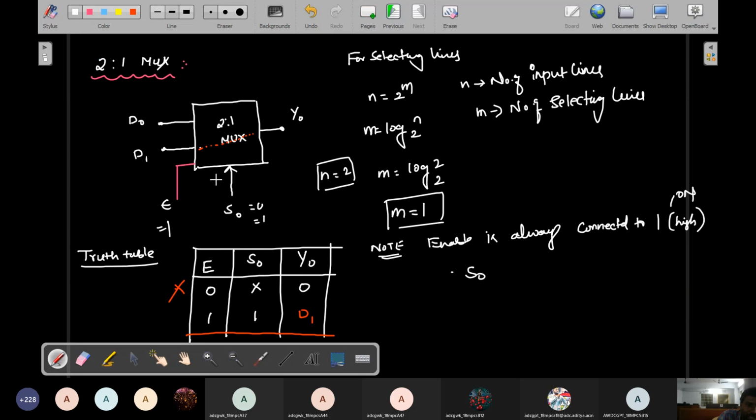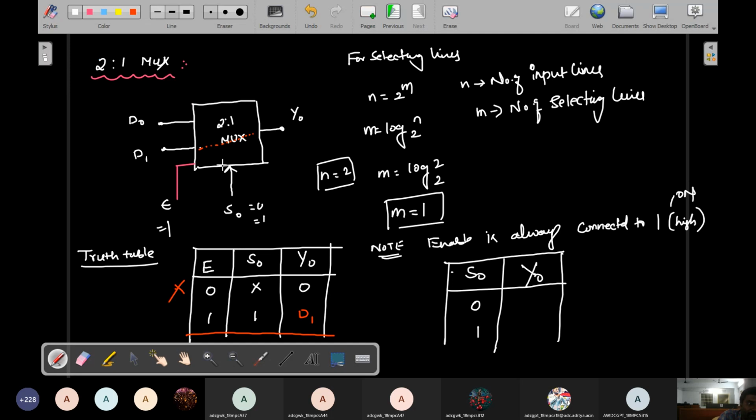S naught is the selecting variable and Y naught is the output voltage. This is our truth table. Because enable is always in high condition, I am not entering it right now. S has a possibility of 0 or 1, so you apply either 0 or 1.